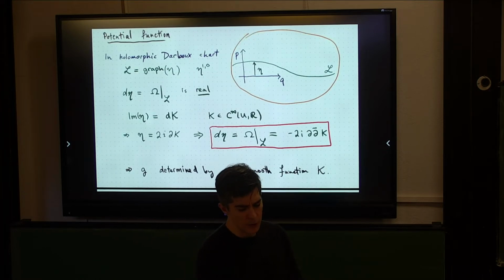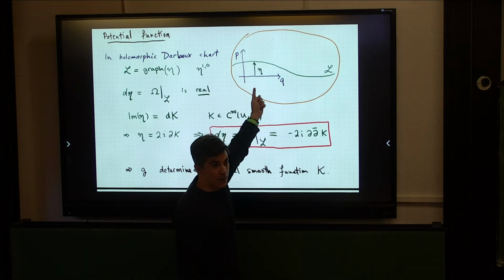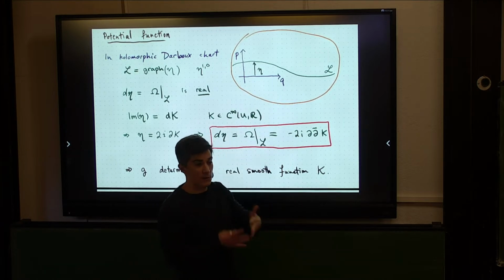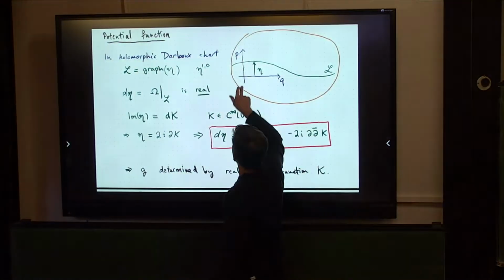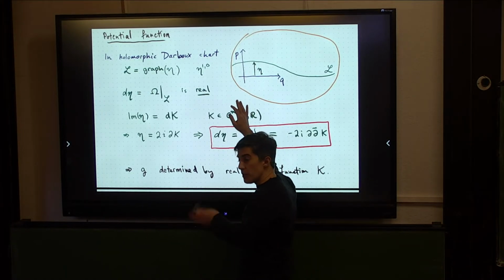So why do you not need to choose this p, q in the case of Kähler geometry? The reason is that in Kähler geometry, this space is the cotangent bundle. And so it's unnecessary to choose Darboux coordinates since it's already the cotangent bundle. And why is eta a 1-0 form? Because this is a holomorphic Darboux chart. So a holomorphic Darboux chart is like a holomorphic cotangent bundle.